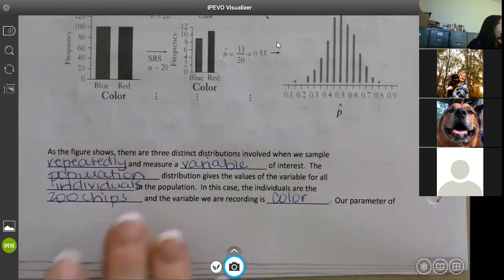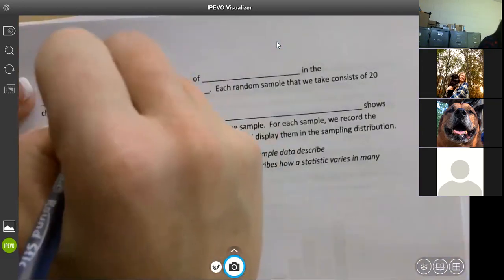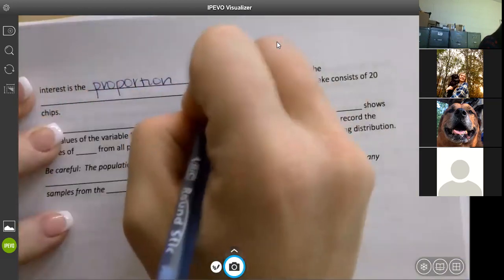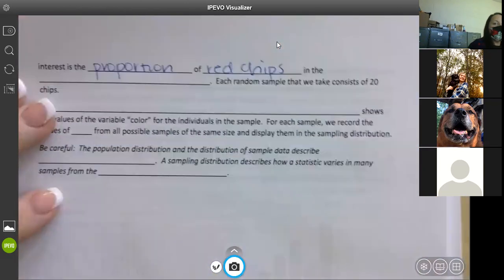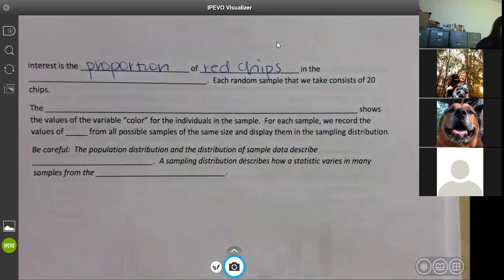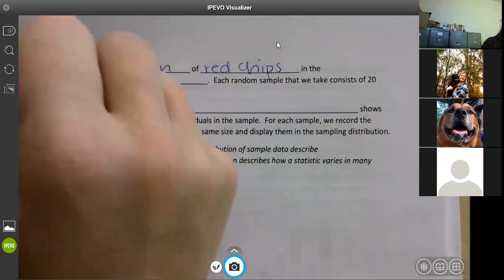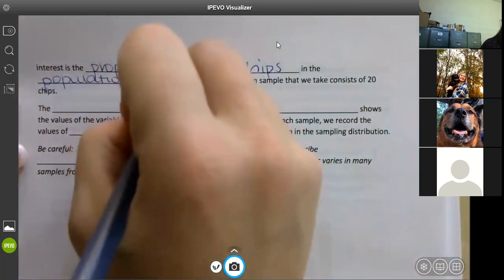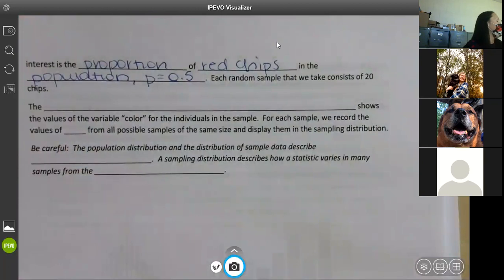Our parameter of interest is the proportion of red chips. This is it. This is the last bit. The proportion of red chips in the population. And remember that the population percentage was 0.5, and that's just p. That's not p hat. So population is represented by p.